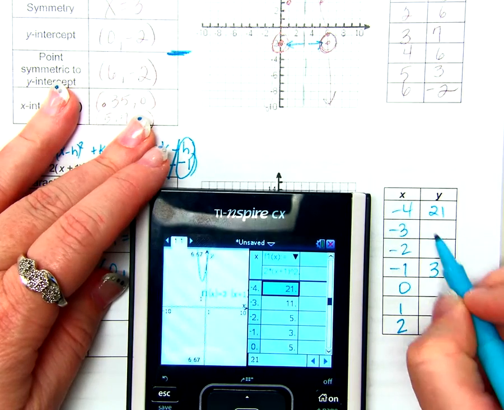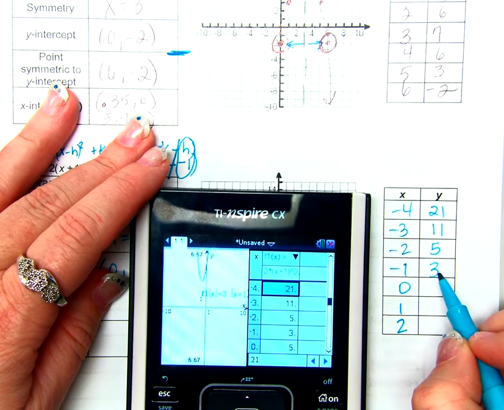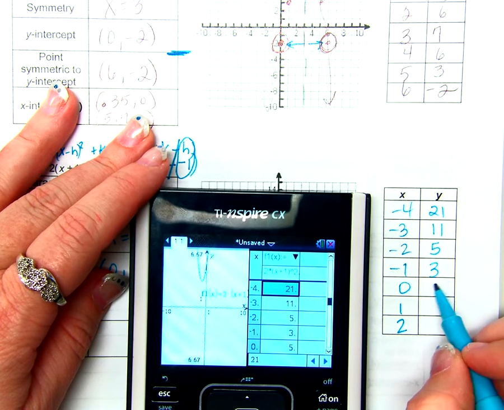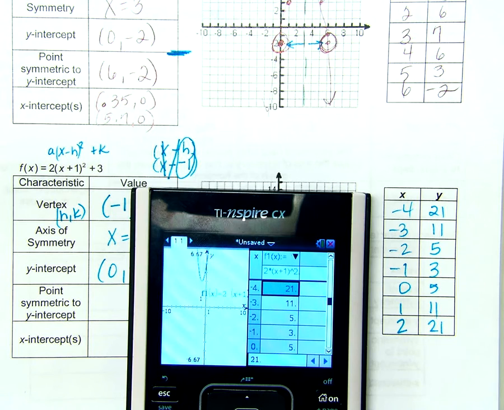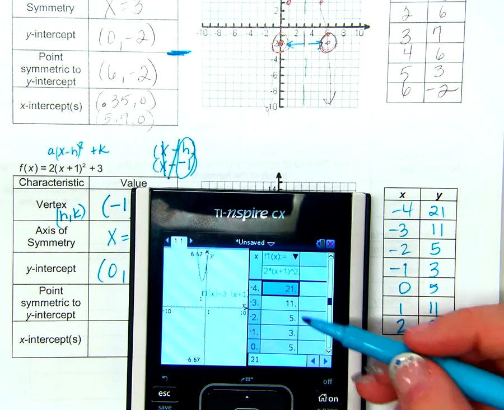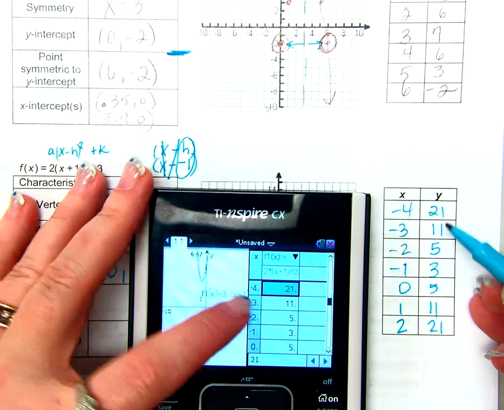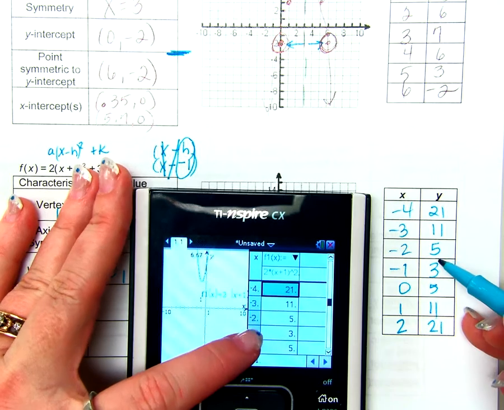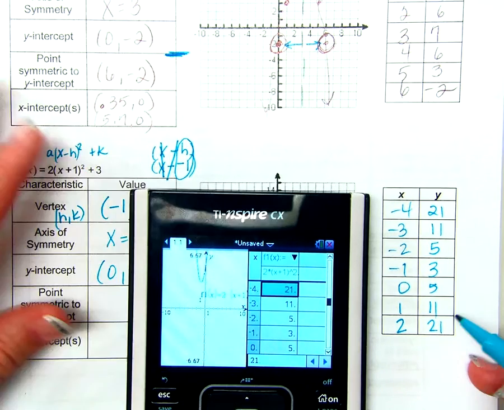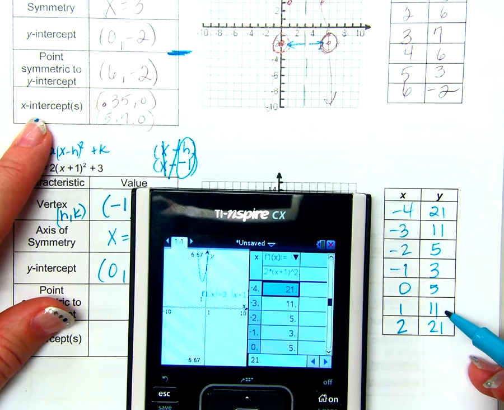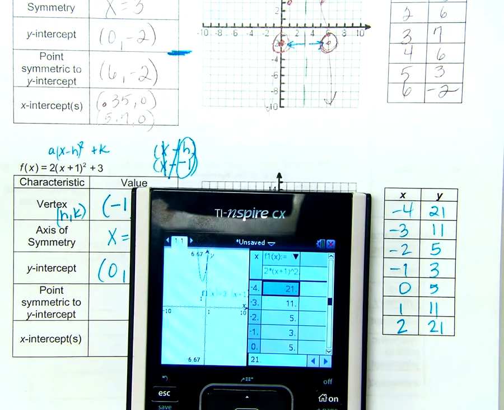So 21, 11, 5, 3, 5, 11, 21. Now, am I some magician that I saw -4 was 21, -3 was 11, -2 was 5, -1 was 3, and then I saw 0 was 5, and then I didn't even scroll down any, and I wrote 11 and 21.